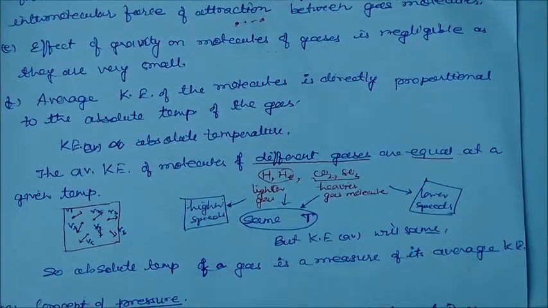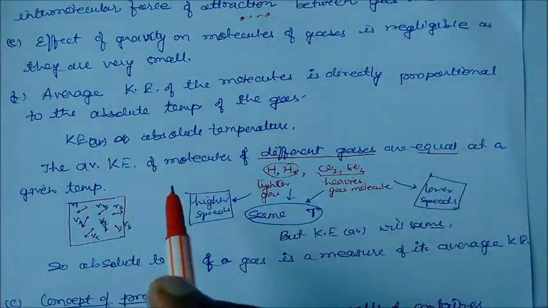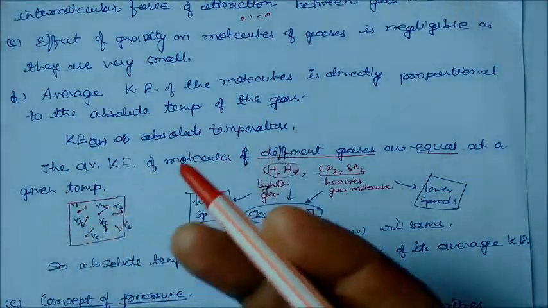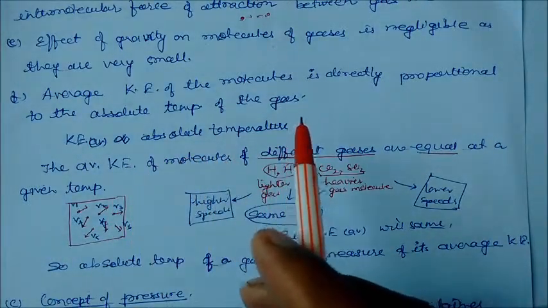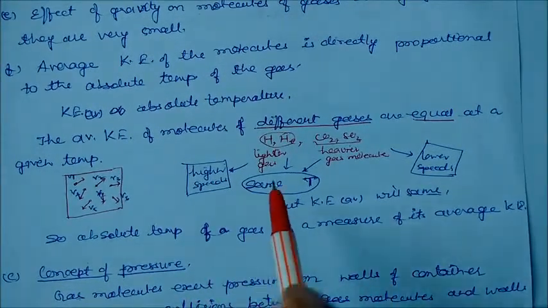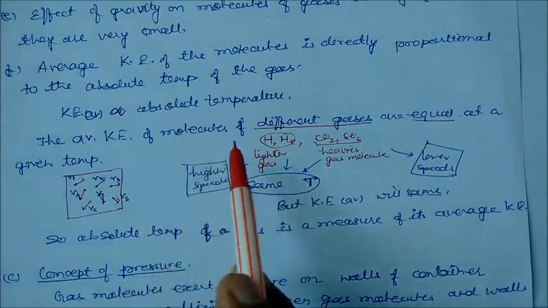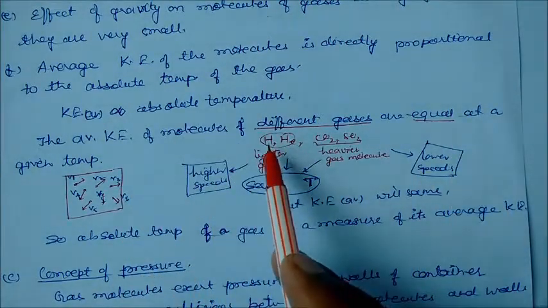The kinetic energy of the molecules is directly proportional to the absolute temperature of the gas. We already discussed that the kinetic energy of the molecules is proportional to the absolute temperature. This diagram shows that the average kinetic energy of the molecules of different gases is equal.